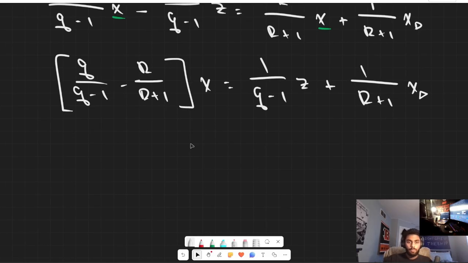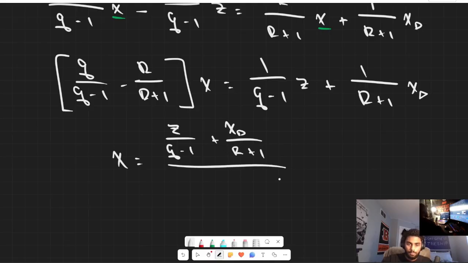And then finally, we just divide over. So x equals, let me write it like this, z over q minus 1 plus xd over r plus 1, and that is all over q over q minus 1 minus r over r plus 1.